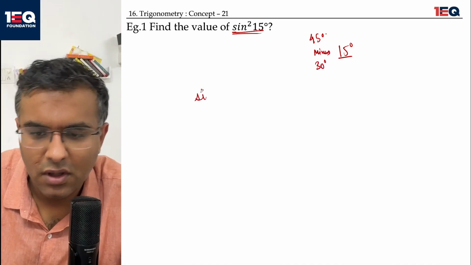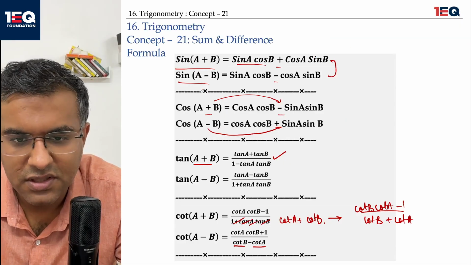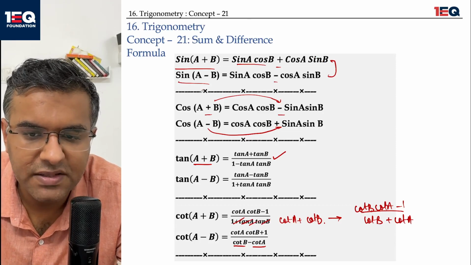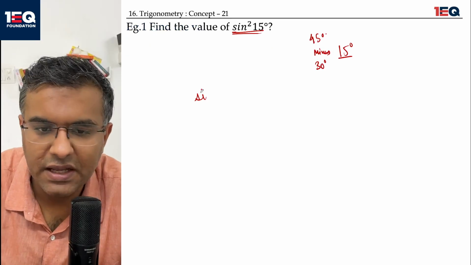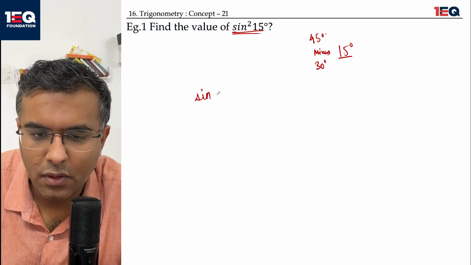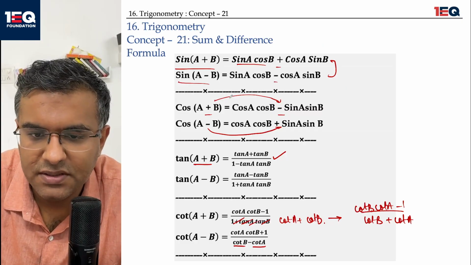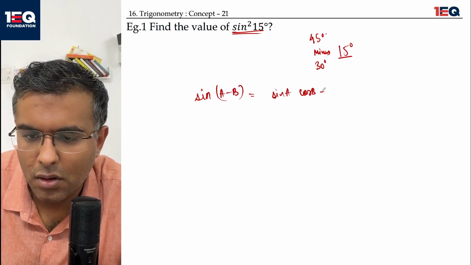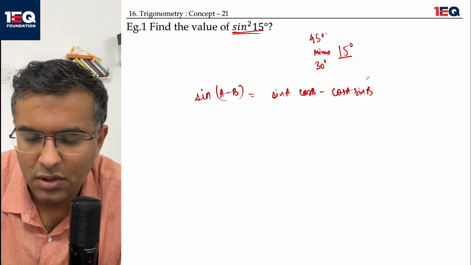So if I use this formula of sine a minus b and then ultimately square it away, sine a minus b stands for sine a cos b minus cos a sin b.